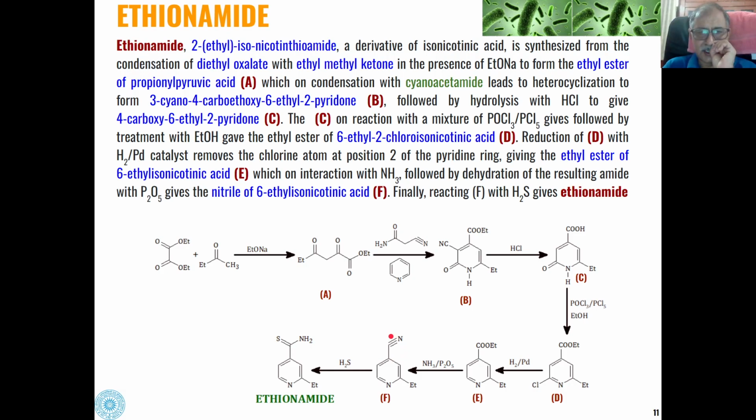So this nitrile of 6-ethyl isonicotinic acid is formed, and this 6-ethyl isonicotinic acid nitrile on reaction with H2S gives us ethionamide as the product. So basically H2S will add to the carbon-nitrogen triple bond to give us ethionamide as the product.